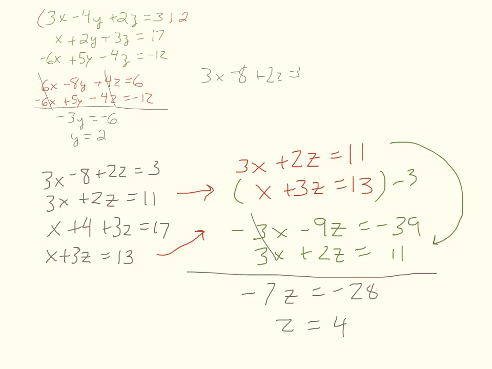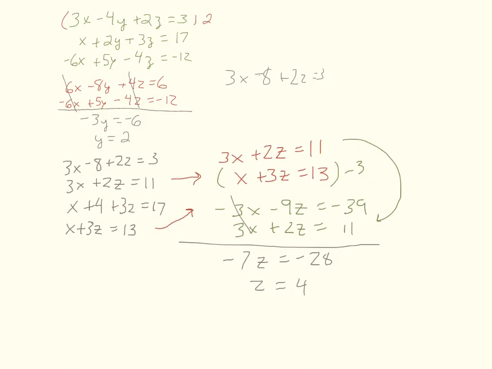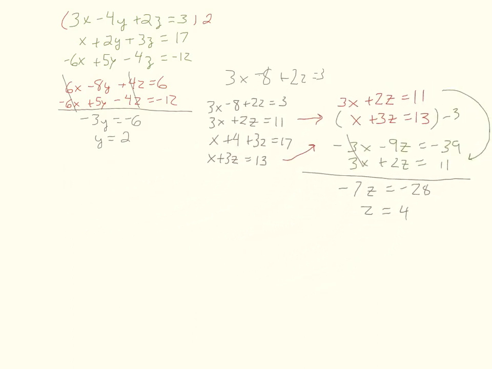Now, since I have a y of 2 and a z of 4, I can use any of the three equations and find out how much my x was. So I like my second one. I like my second equation because it says x equals something. So let's use that and plug it in and see what we get.